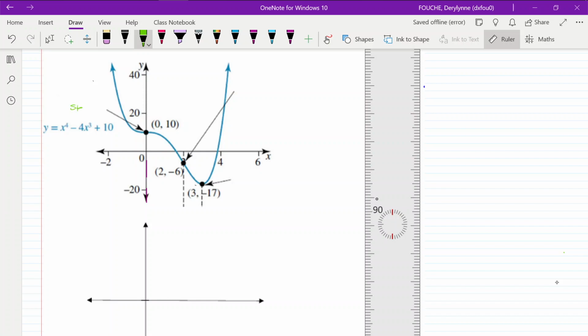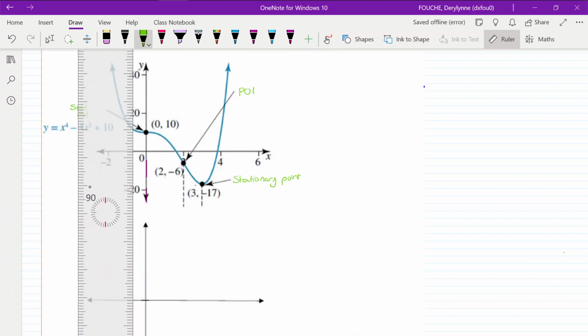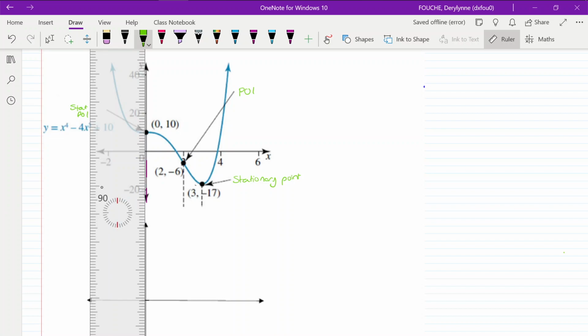Over here we have a non-stationary point of inflection, and over here we have a turning point or stationary point. And those are interesting points, or points in the graph where things are happening.